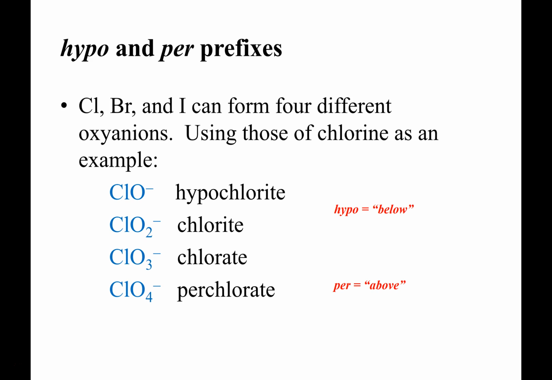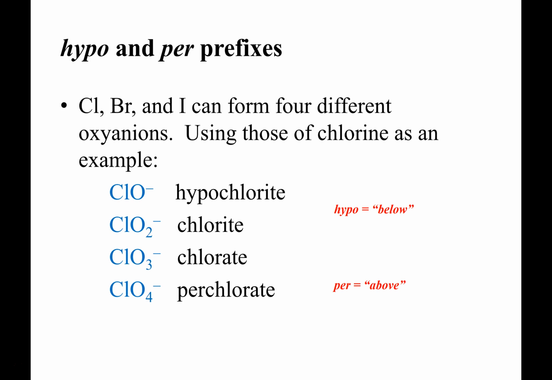But if it has a little bit less oxygen than the ite, we put a prefix in front of it. So if you're extra low on your thermal energy, you're hypothermic. Okay, good. So hypo ending in ite means even less oxygen than the ite. Okay, so hypochlorite would be around chlorine, less oxygen than chlorite, so instead of 2, it's 1.